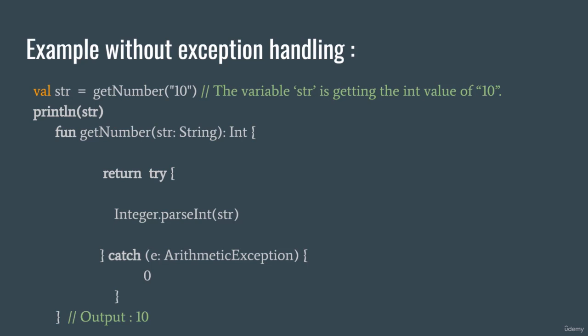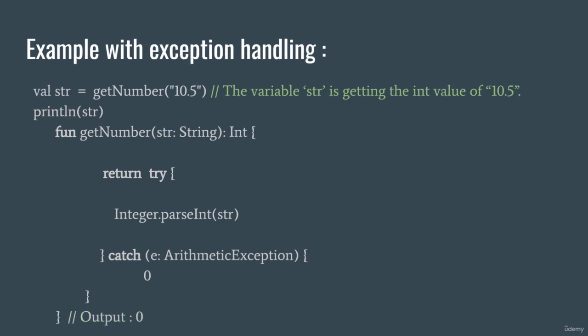So we're trying to integer parse int. So we're trying to parse that value into a string. So it's an integer, right? 10, but we're making a string out of it. And if something goes wrong, for example, an arithmetic exception appears, then we want to output 0. All right, so if we run println string now, we get the output of 10.